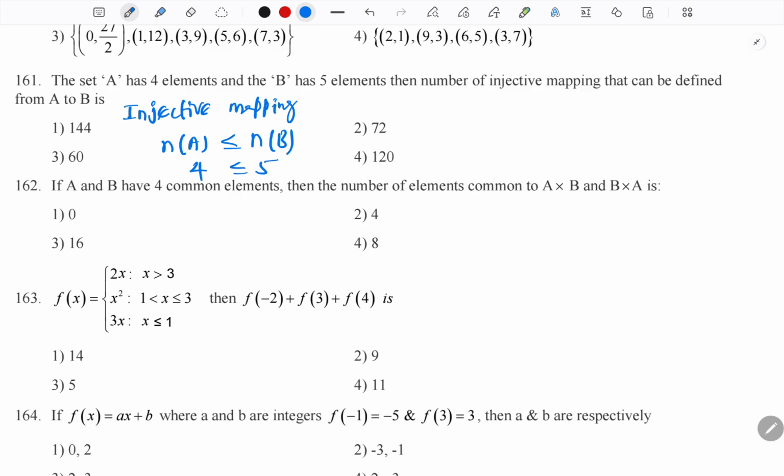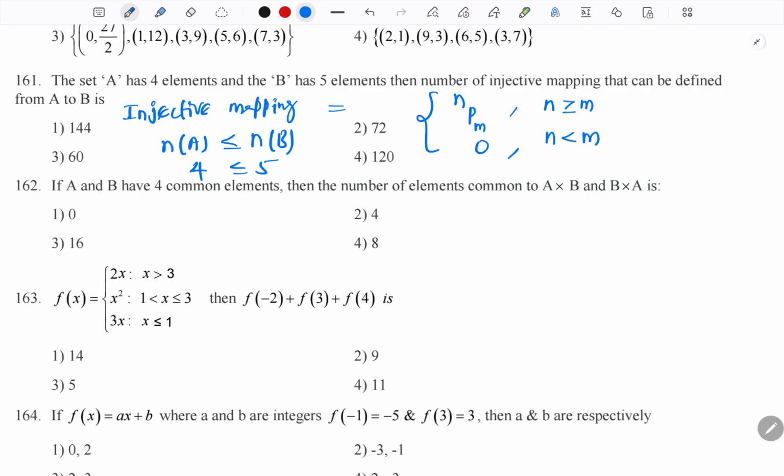Okay. Then what is the formula? Mapping equal to, it's piecewise, N P M, where N should always be greater, right, students? N means the second set, M means the first set. N is greater than or equal to M. If N is less than M, how much will the answer come? 0.